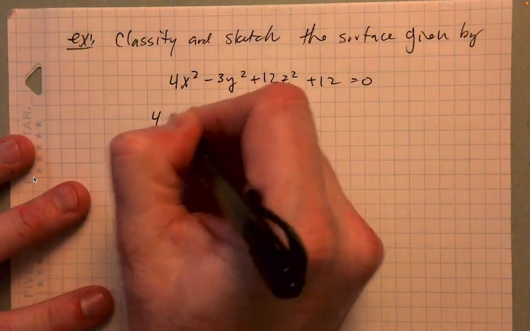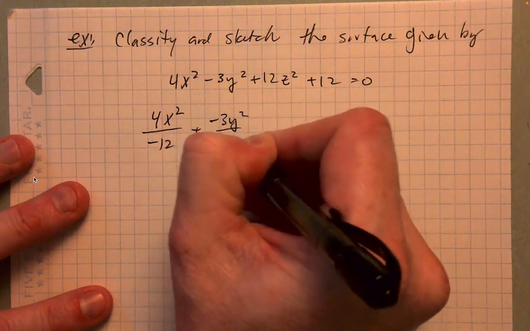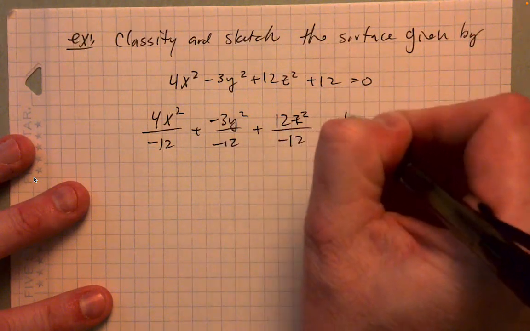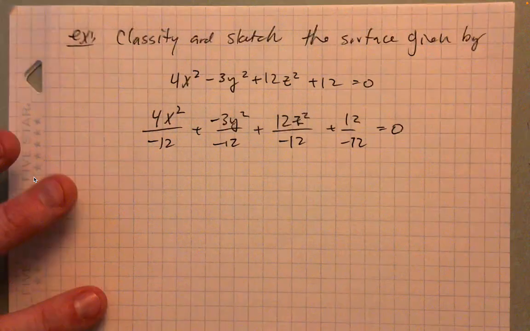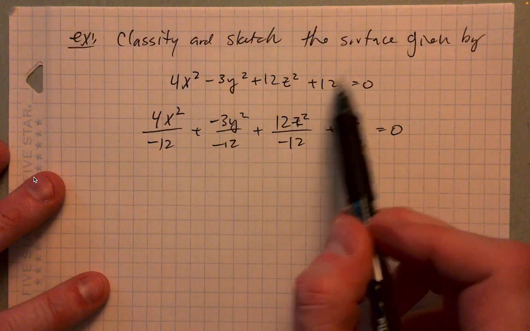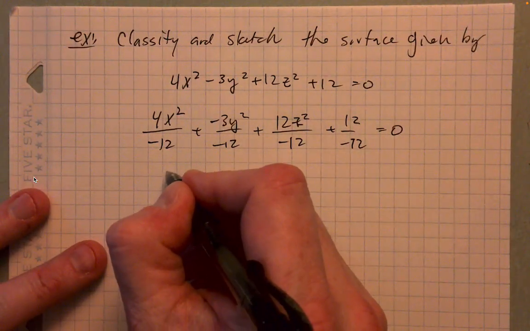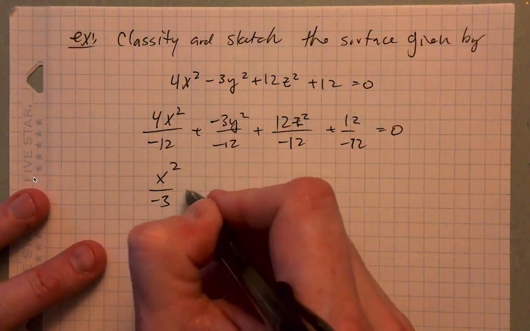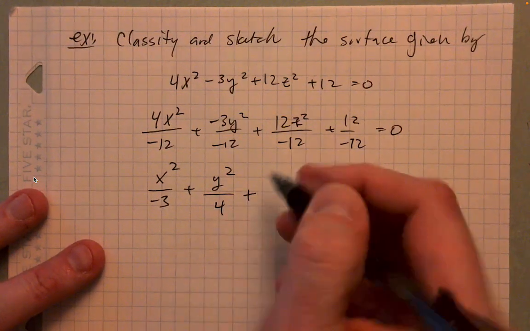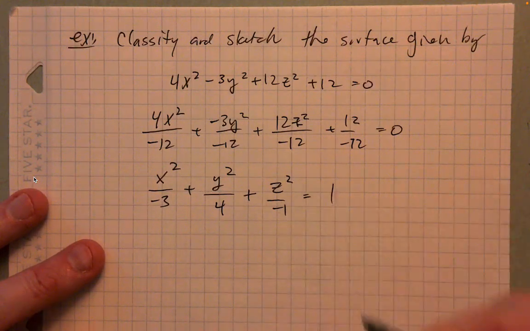So we would have 4x squared over negative 12 plus negative 3y squared over negative 12 plus 12z squared over negative 12 plus 12 over negative 12 equals 0. And why do we divide down by negative 12? Well, we want to turn this into a negative 1 so that when it moves to the other side, it's positive 1. So we get x squared over negative 3 plus y squared over 4 plus z squared over negative 1 equals 1.